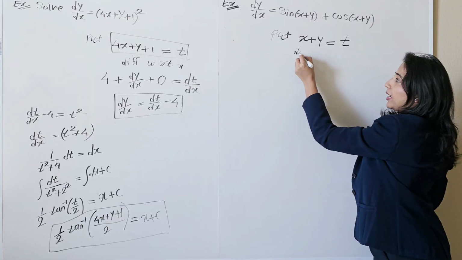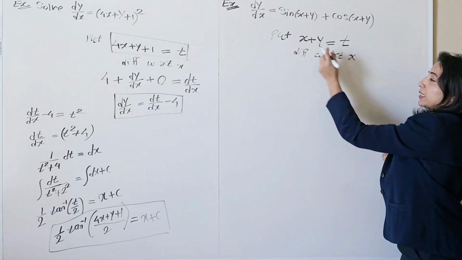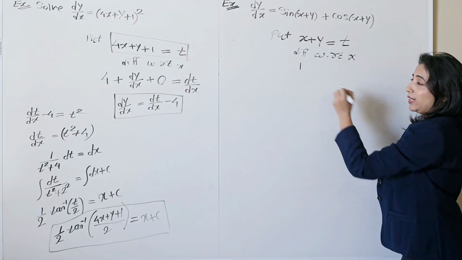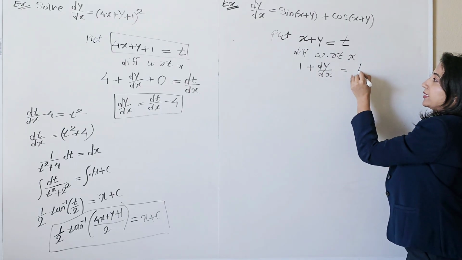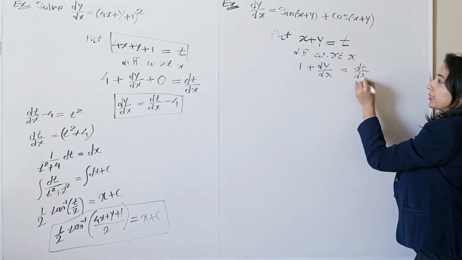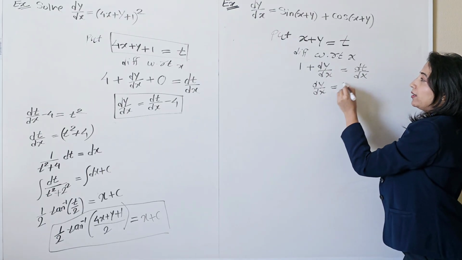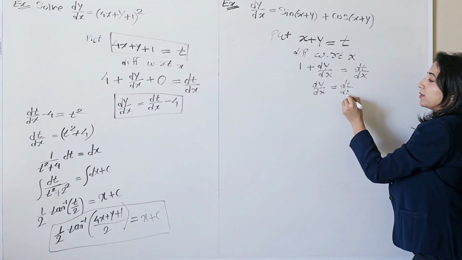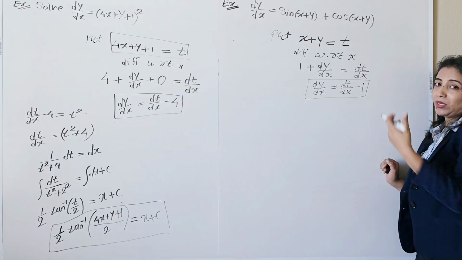The derivative of x is 1, the derivative of y is dy by dx, and the right side is dt by dx. So from this we can say dy by dx is dt by dx minus 1, since shifting the plus 1 to the right side makes it minus.